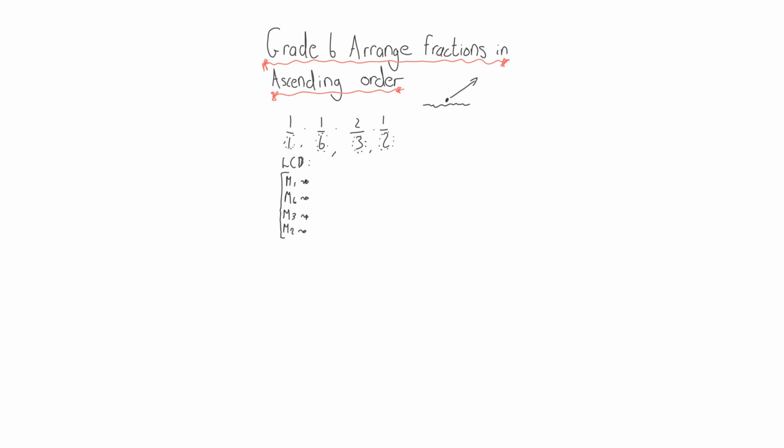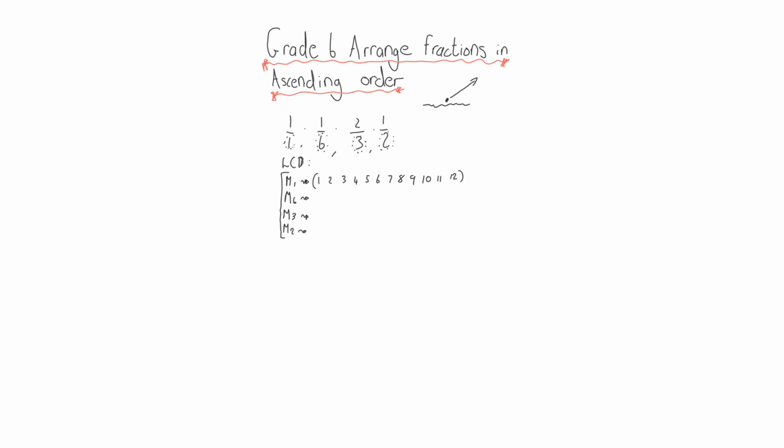Now we say, okay, multiples of 1, you know those. That's just 1, 2, 3, 4, 5, 6, 7, 8, 9, 10, 11, 12, and so on. I'm just writing a few out.